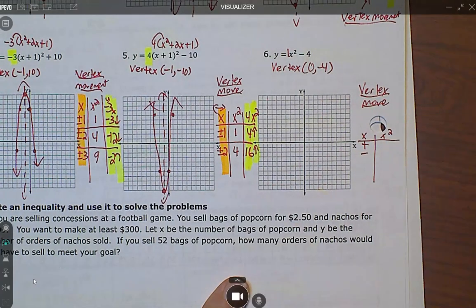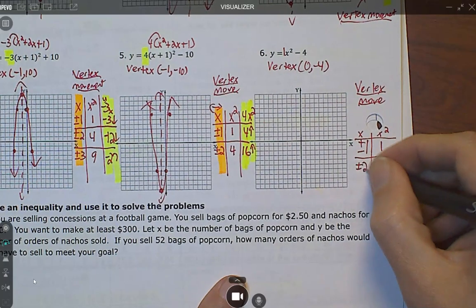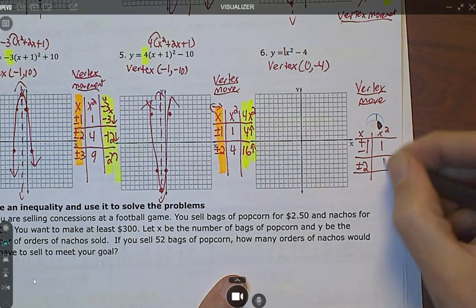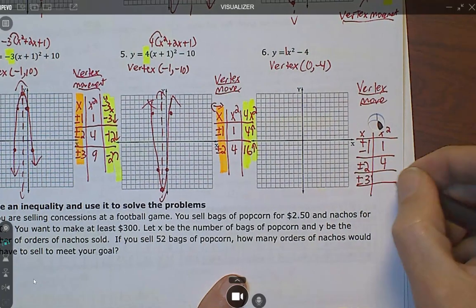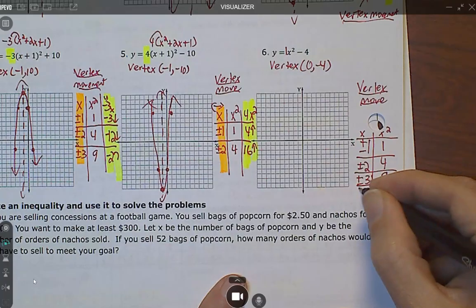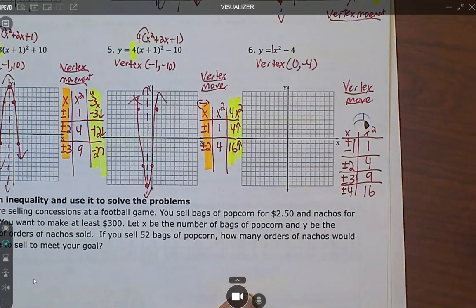The x squared is the y distance. If it's plus or minus 2, you square it. So we're just using the good old normal one.